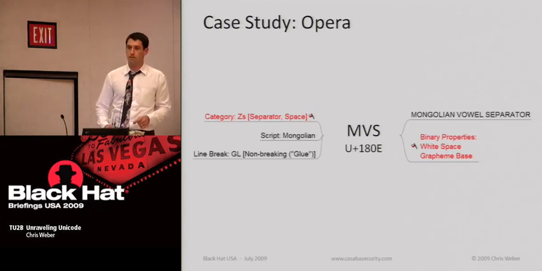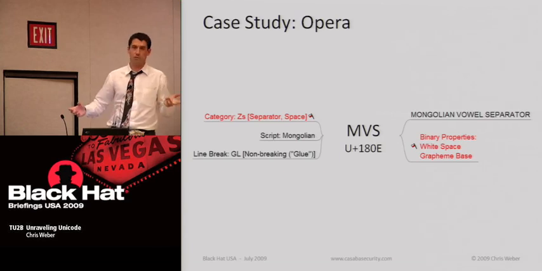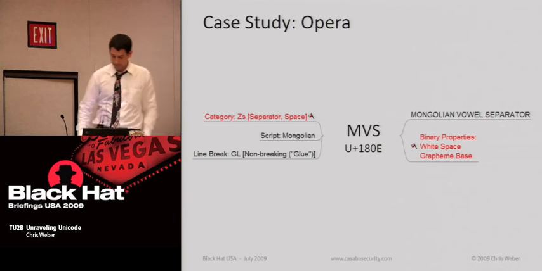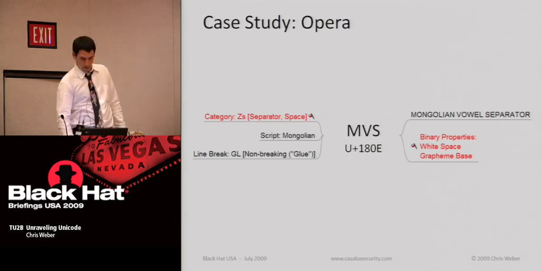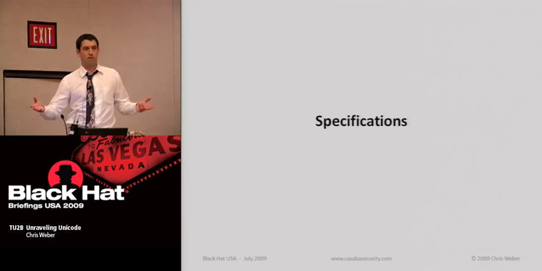It's called the Mongolian vowel separator. And it has binary properties and a general category of space. So it actually shows up as white space, and it actually can assume spacing properties in a lot of software. Specifications. So that issue ended up being more related to the HTML specification than anything, because HTML4 left it up to the vendor to implement white space how they wished.